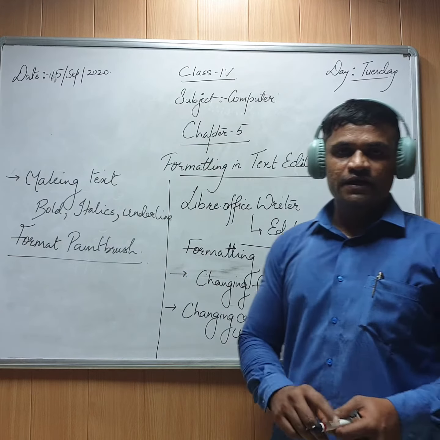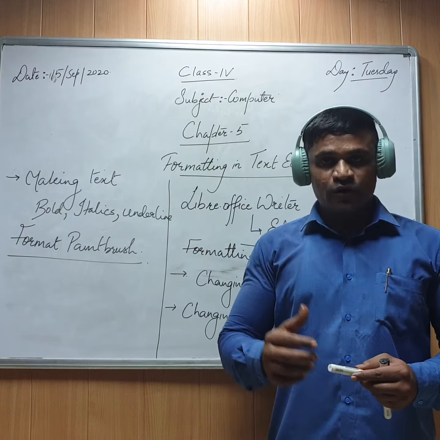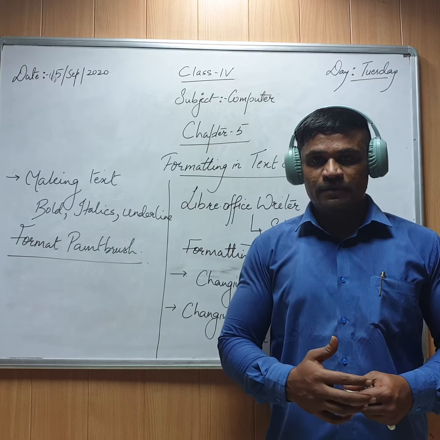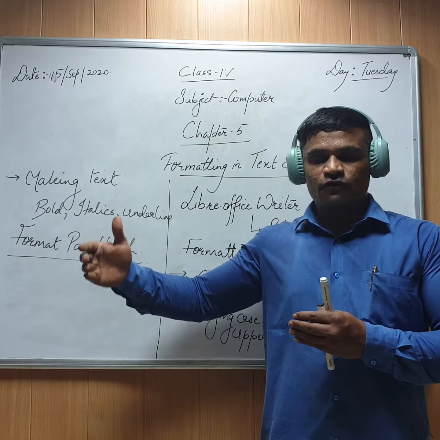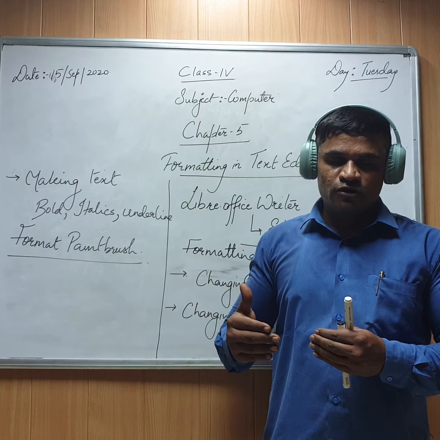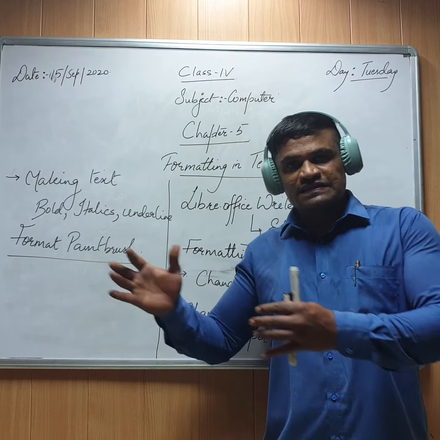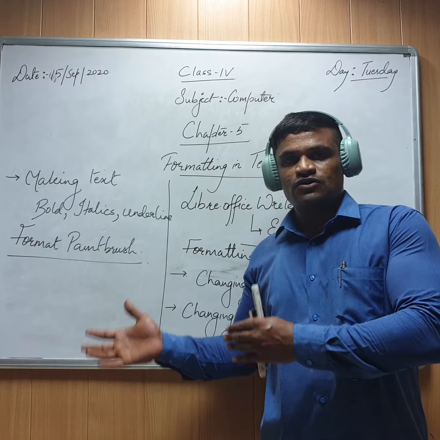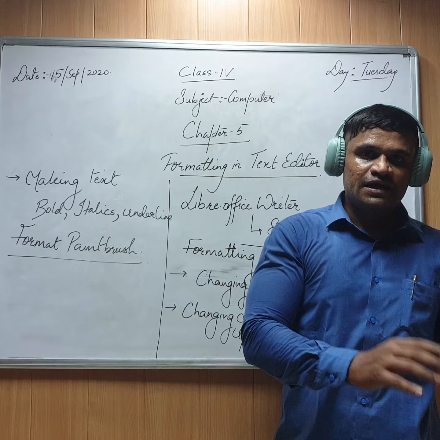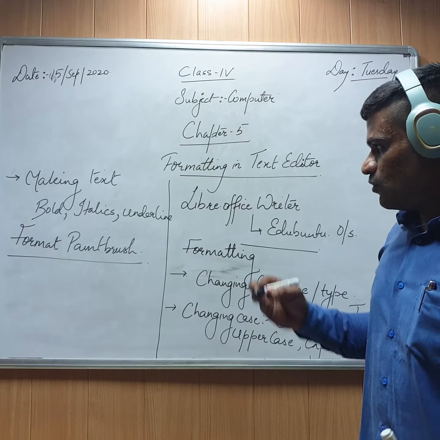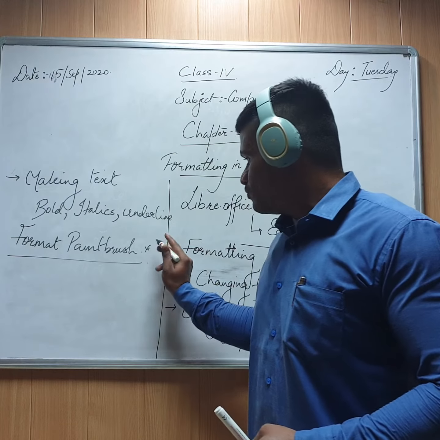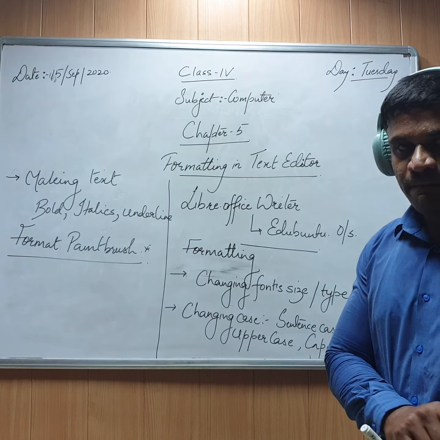Okay, we had done the example of water and apple, if you remember, where I made the font size of apple bigger, the color of the font was changed, and again the same formatting process was copied over the next term, and the next term again becomes the same. Okay, so we had done up to this part, that is format paintbrush.